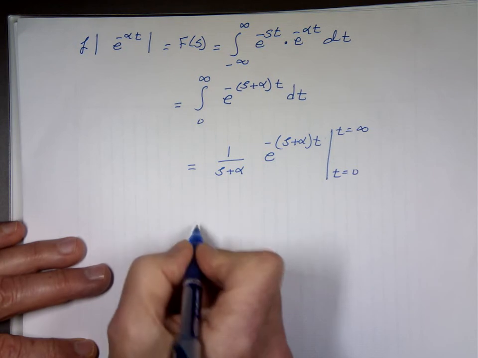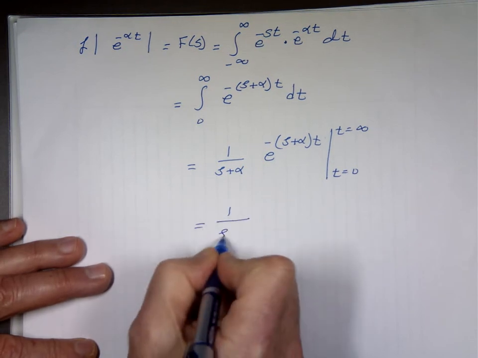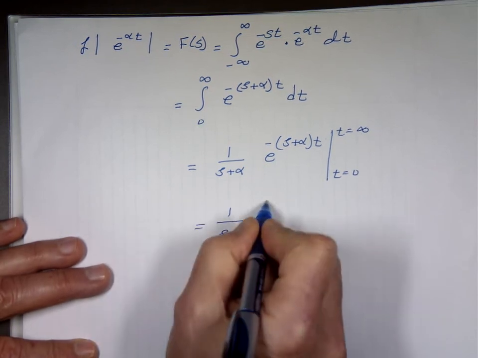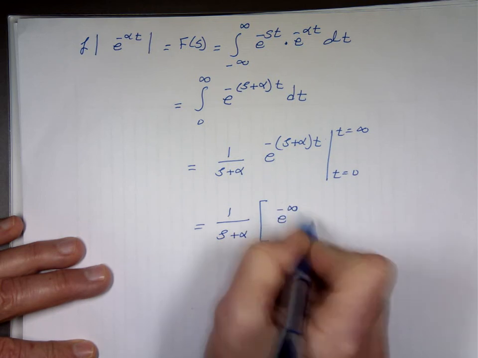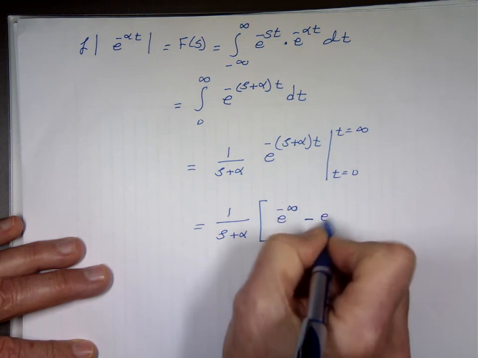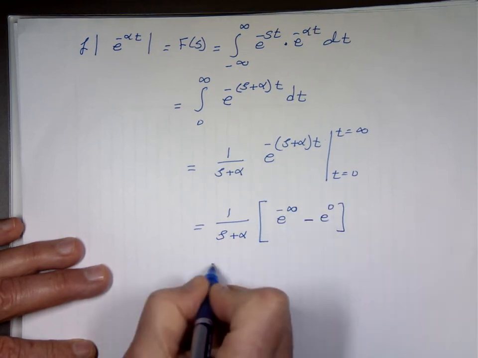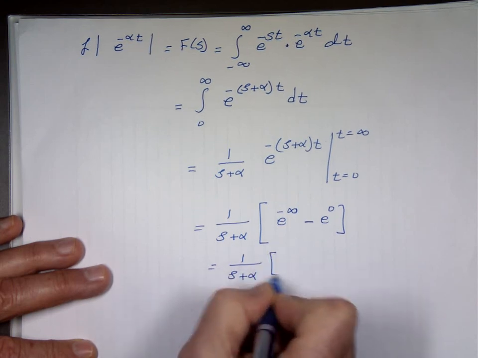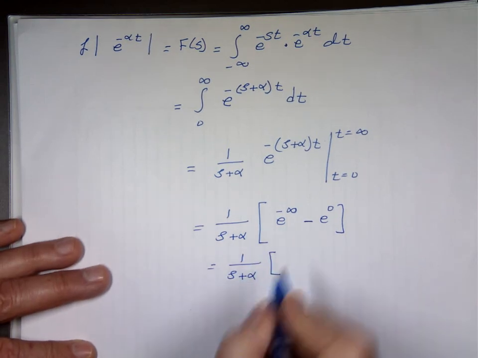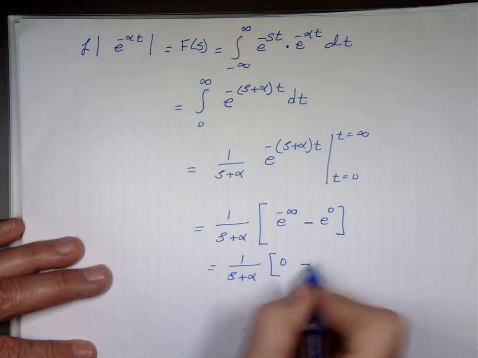So you plug in the limits, 1 over s plus alpha, the upper limit e to the negative infinity still, minus e to the 0. E to the negative infinity is what? That's 0. E to the 0, that's a 1.